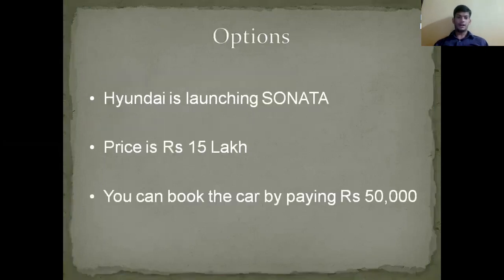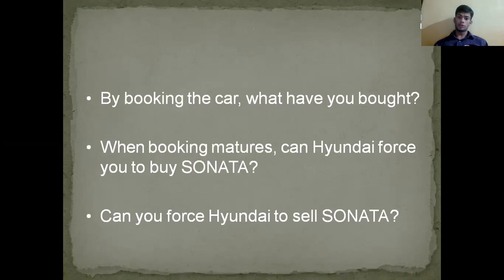Options. For example, Hyundai is launching a Sonata car. Price is 15 lakh. You can book a car by paying rupees 50,000. By booking the car, what do you buy? You are not buying the car, you are just booking.